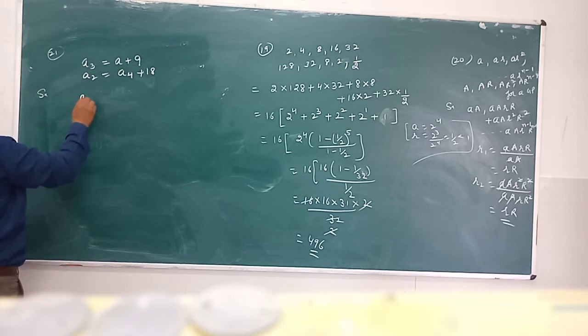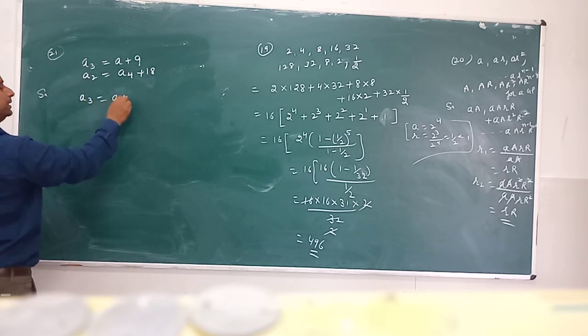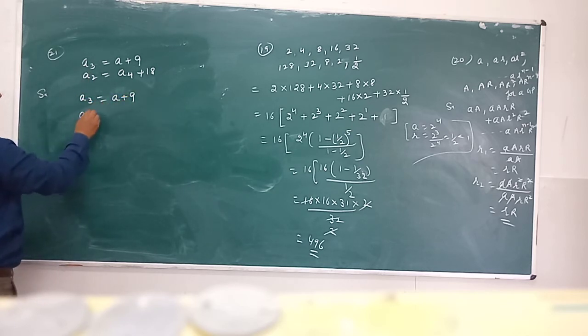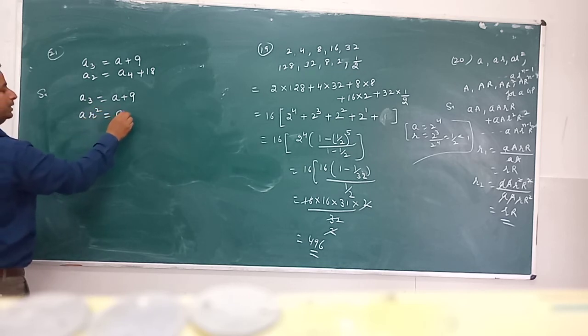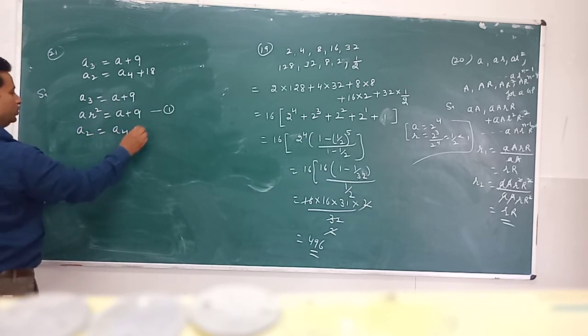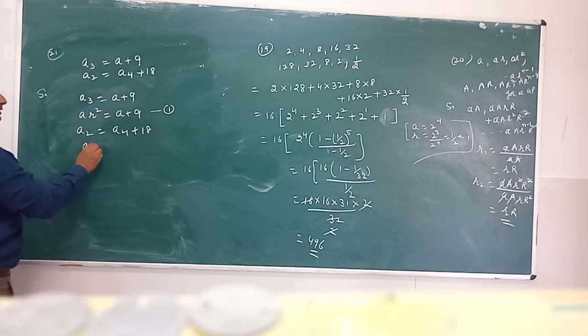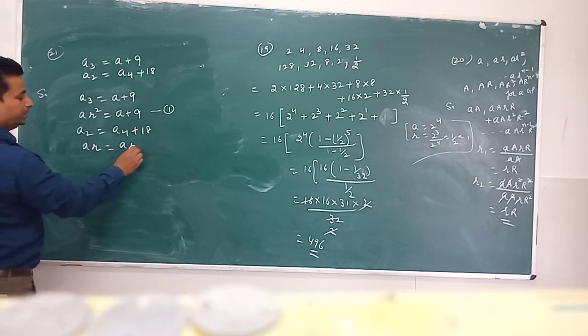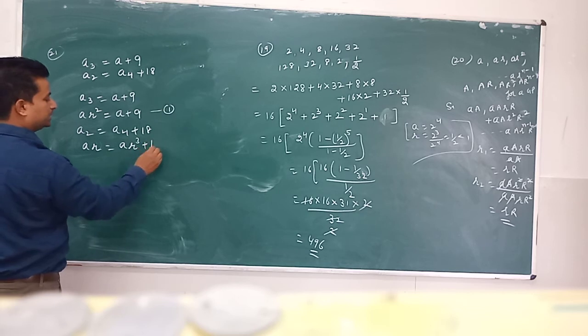So the third term a3 is a plus 9, a3 is ar square, equals a plus 9. This is equation number 1. And the second term a2 is a4 plus 18, a2 is ar, a4 is ar cube, plus 18.